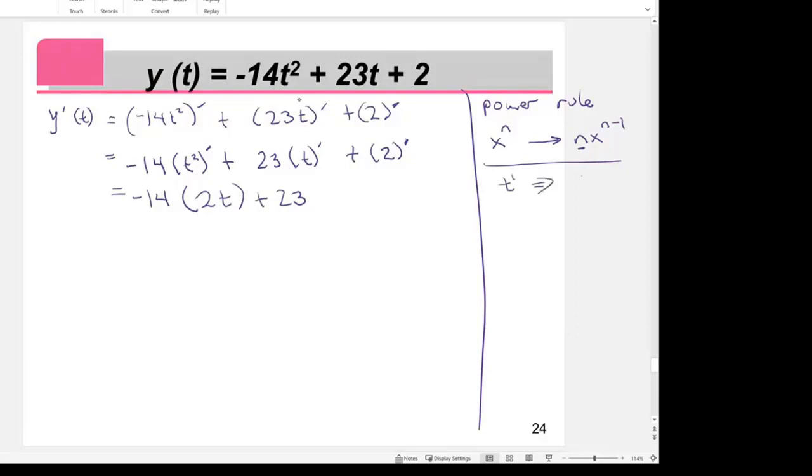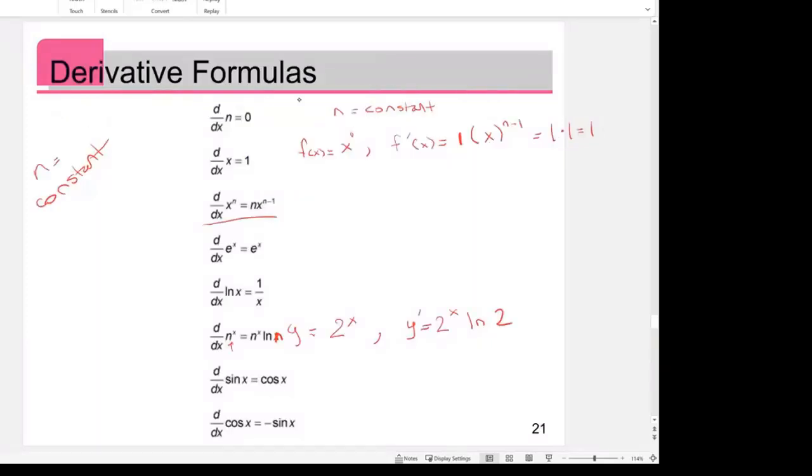The derivative is 1 t to the 1 minus 1, which is equal to 1 t to the 0 power, which is 1. So it really just disappears. And if you look on our formula sheet, the derivative of just the variable is equal to 1.